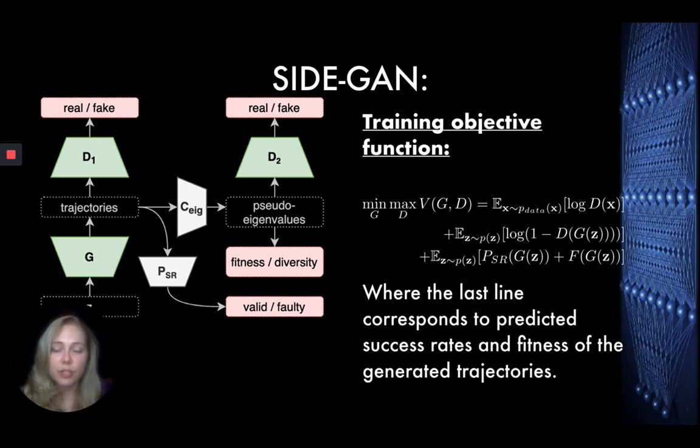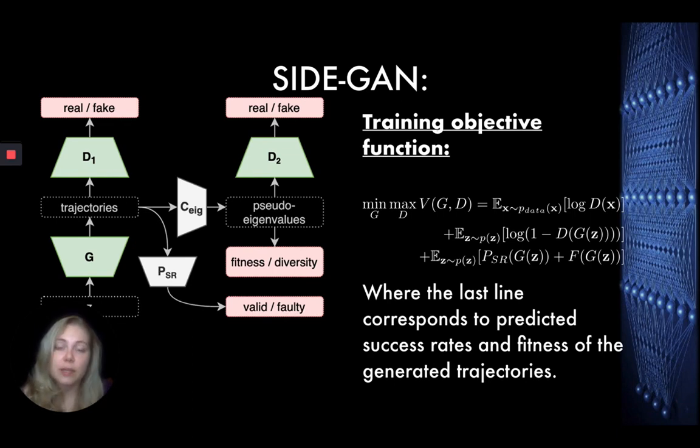Sometimes trajectories generated by GAN can be not valid in terms of self-collisions and exceeding maximal torques and stuff like that. So this predictor literally is just trained on good trajectories and invalid trajectories generated by the previous vanilla GAN, and literally just predicts whether it's valid or faulty so that the system can be penalized on that later on.